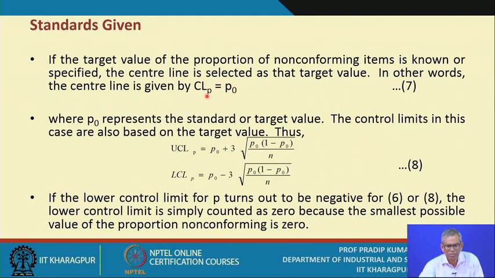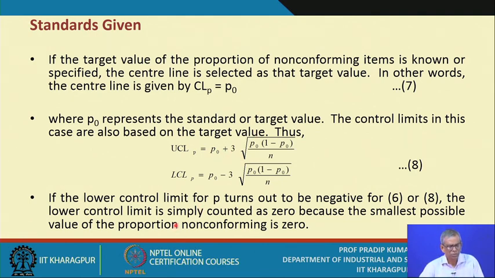That is referred to as the central line, that is p0, pre-specified. Once p0 is known, that is referred to as the standard, obviously you can determine the upper control limit as well as the lower control limit. You use the same formula, only instead of writing p bar, you write p0, that is the standard is given, and 3 times the standard deviation.